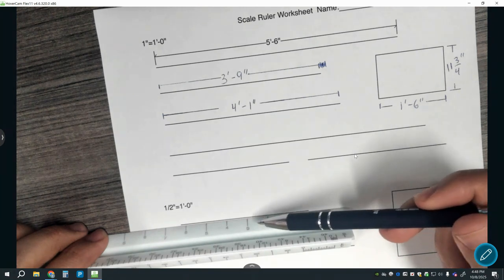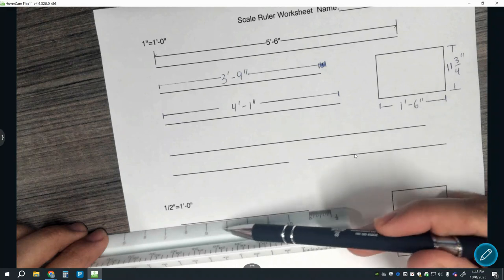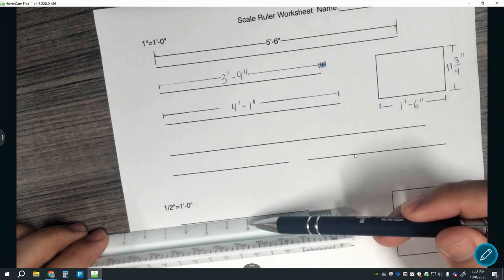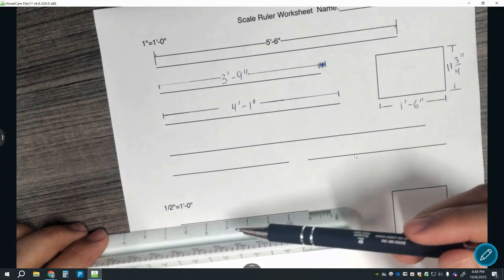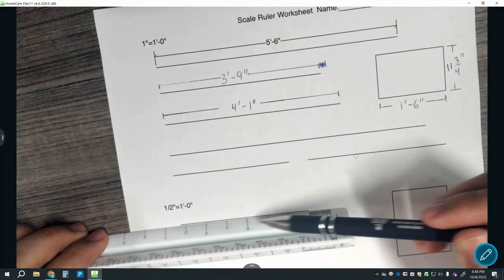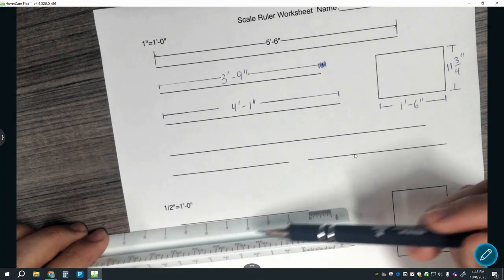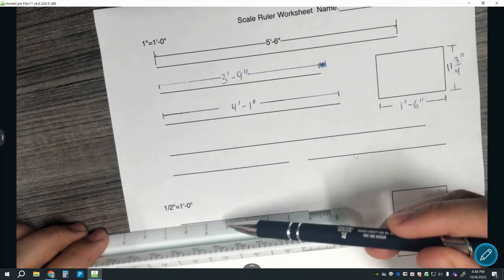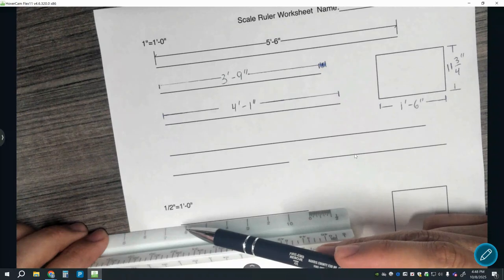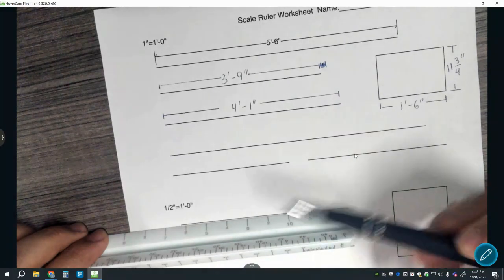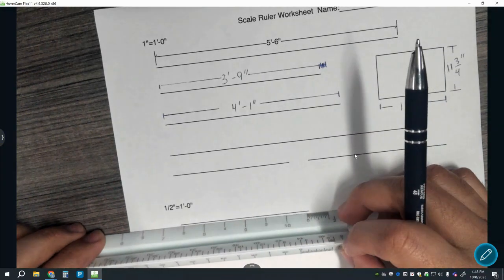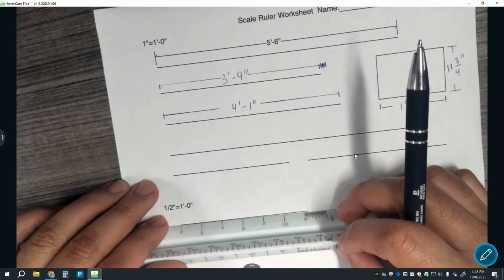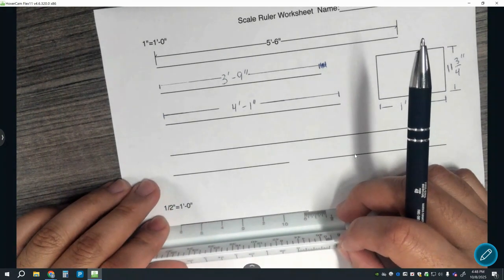Notice how there's a line right in the middle of this 2 and this 4. This is 9 feet if we were measuring from left to right, but it's also 3 feet if we're measuring from right to left. So we can count it like this: 1, 2, 3, 4, 5, 6. And notice how we don't reach the 7, but we're going to scoot it over to the 6. So this would be 6 feet.